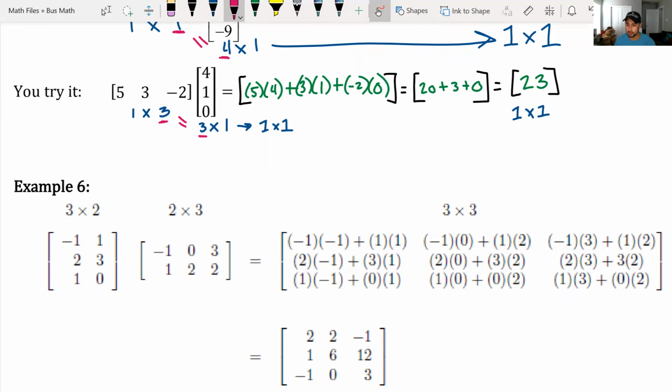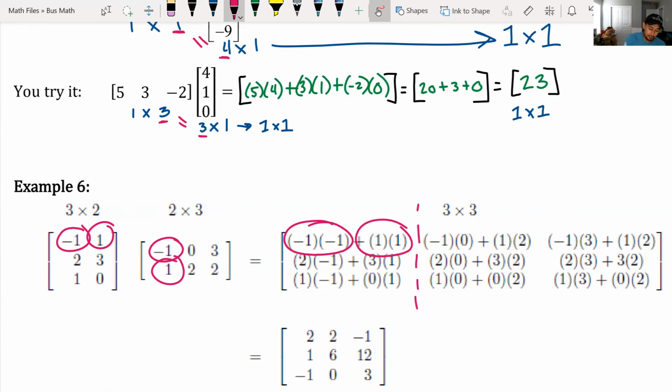So the way this works is when you multiply these, to get the first row of our 3 by 3, first thing you're going to do is say -1 times -1, which is right here, plus 1 times 1, right there. That makes the first entry in our new matrix.